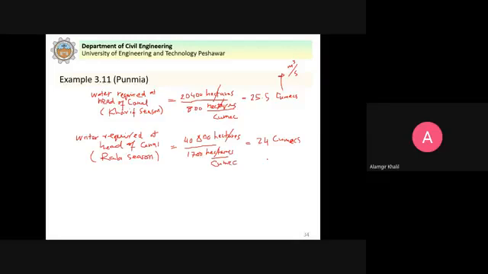Hence, the canal must be designed to carry a discharge of 25.5 cubics.